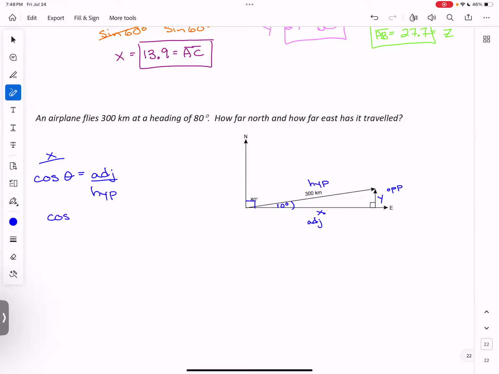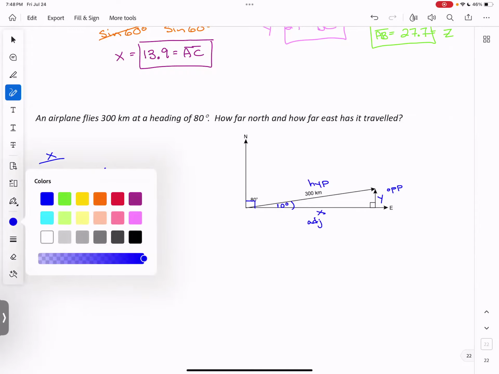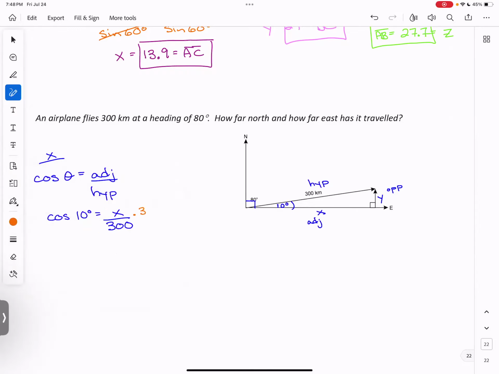So cosine of 10 degrees is x over 300. And let's multiply both sides by 300. And so 300 times cosine 10 gives me 295.4 if I round to the nearest tenth. And we have units, that is in kilometers.